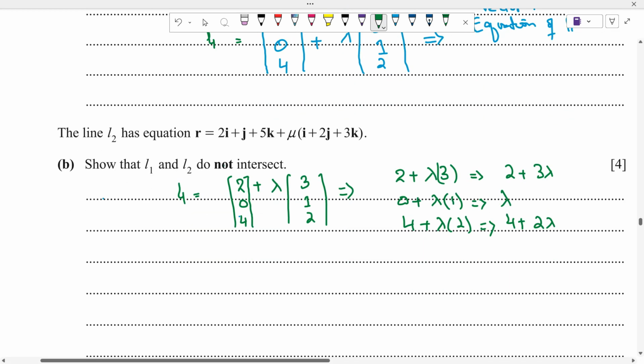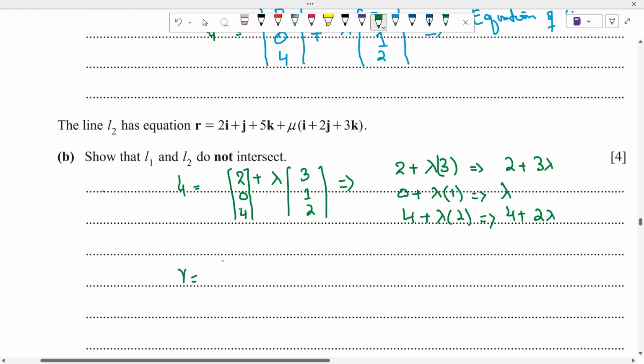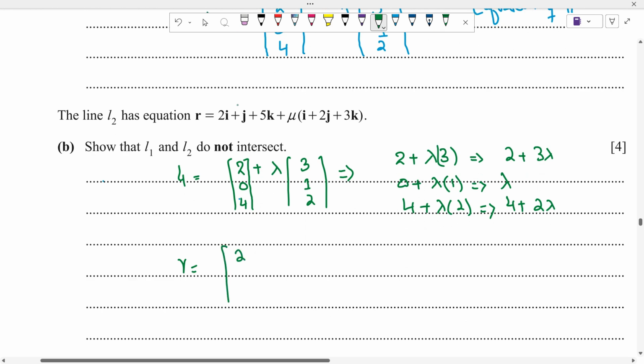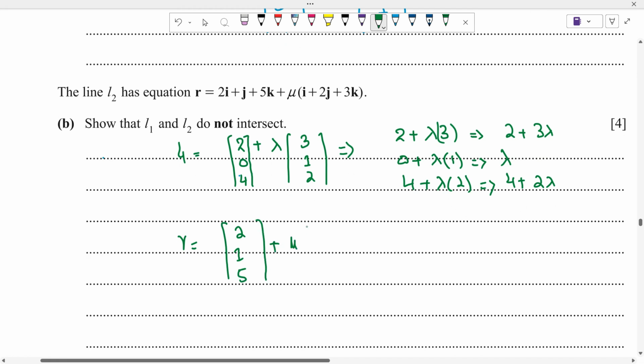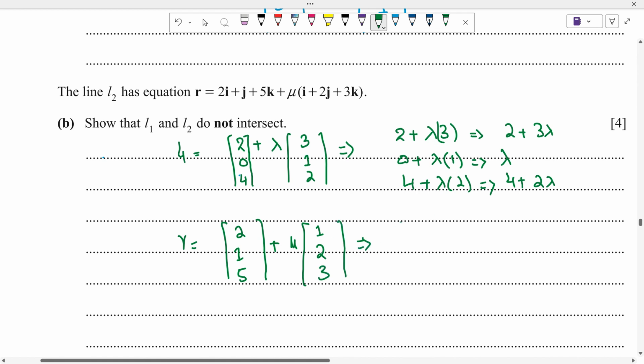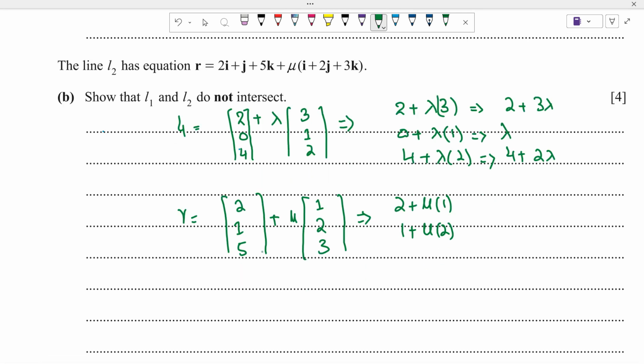Now let's find the components of r. The i component is 2, the j component is 1, and the k component is 5, plus mu times 1, 2 and 3. We can write it as 2 plus mu, 1 plus 2 mu, and 5 plus 3 mu.